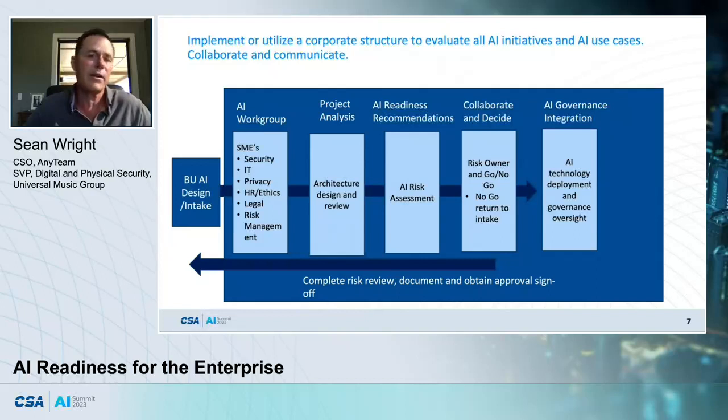This would be in the form of an AI risk assessment, looking again at these 5 different pillars to determine whether or not there's any risk that would be introduced into the business by deploying whatever AI technology it is that you're looking at to modernize your business. From that point, collectively make a go, no-go type of decision. And this is really based on risk.